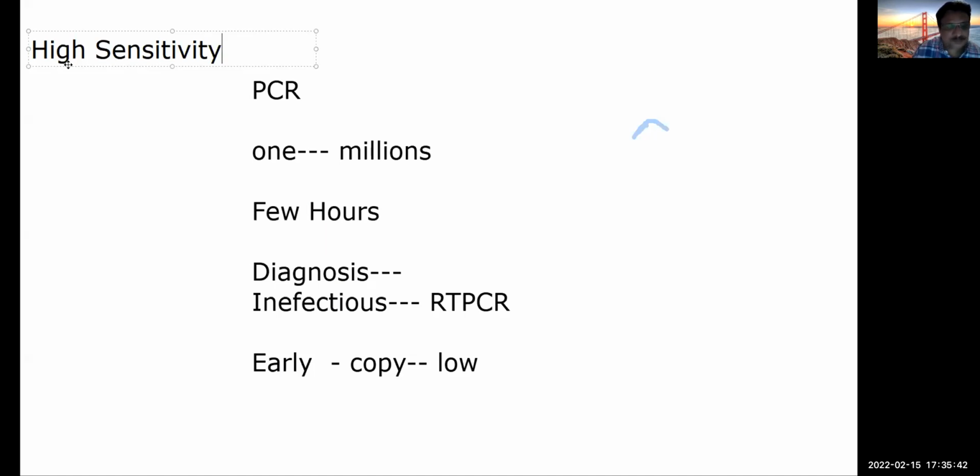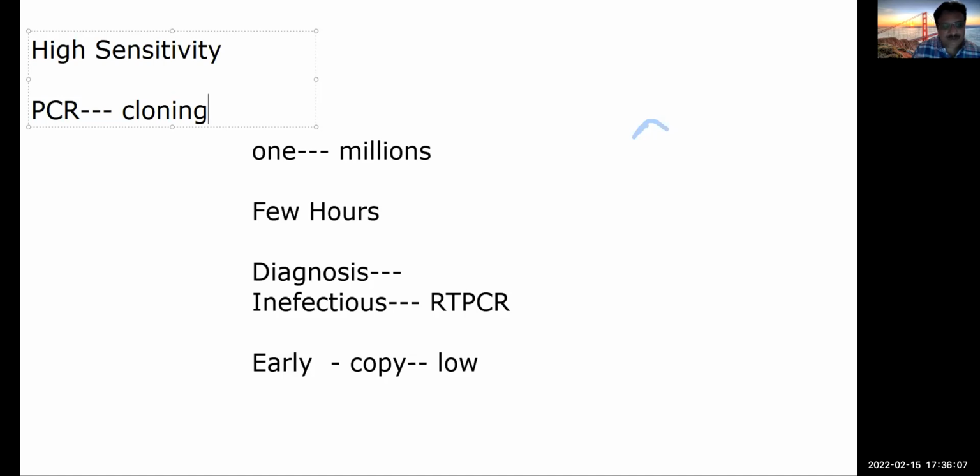Second, so this is infection. Second is that PCR can be used for cloning. So what is cloning? Cloning is just like Xeroxing, where you generate identical copies of your notes or any literature.